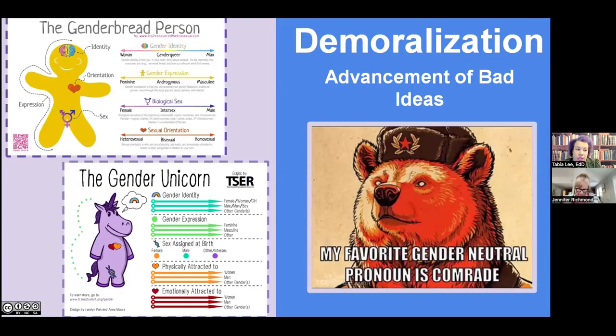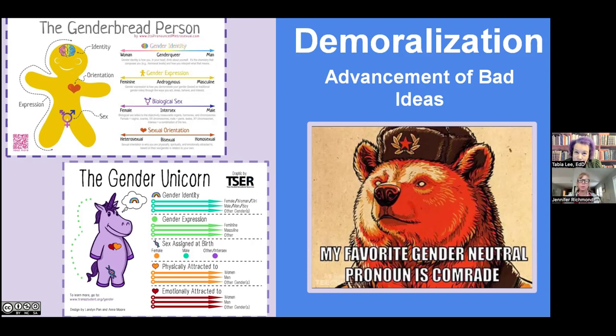Another problem with this, as I outlined in the core tenets, right, this idea of critical social justice, the gender identity ideologies are just as forced upon students and colleagues as the race ideologies. So here you're seeing a couple of examples. Again, people sometimes tell me these things aren't really happening, but the genderbread unicorn and the genderbread person are both tools that are being used in our pre-kindergarten upward classrooms.